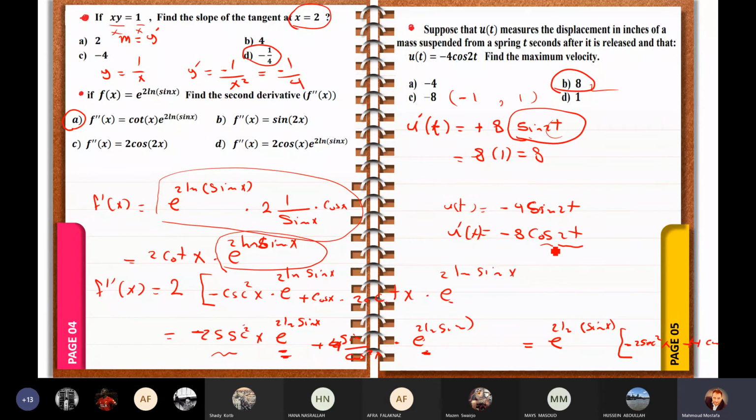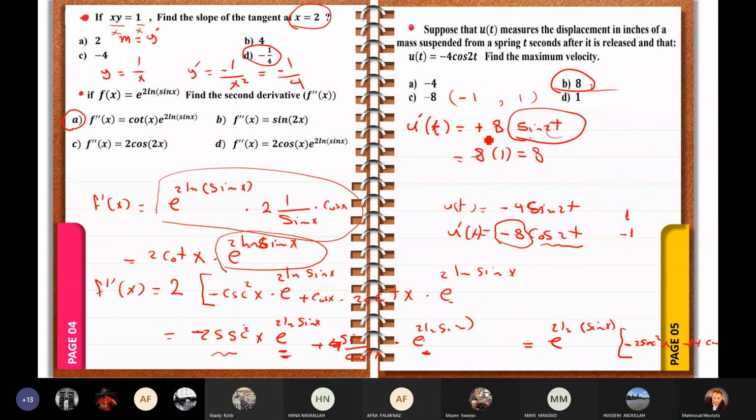The maximum value for cosine is 1, but I will not take the maximum. I will take the minimum. Why? Because it's negative here. So the maximum will be when you multiply negative by negative, not negative by positive. Understood?